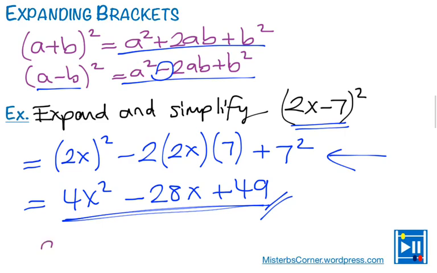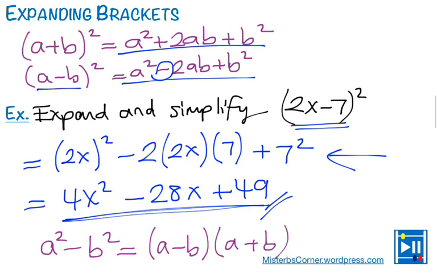Certainly we have difference of squares, right? That is the expansion of these factors multiplied, right? So if you multiply these factors by one another, you end up with the difference of squares.